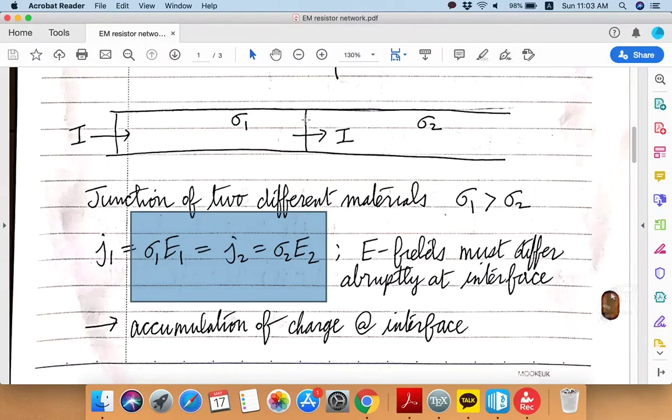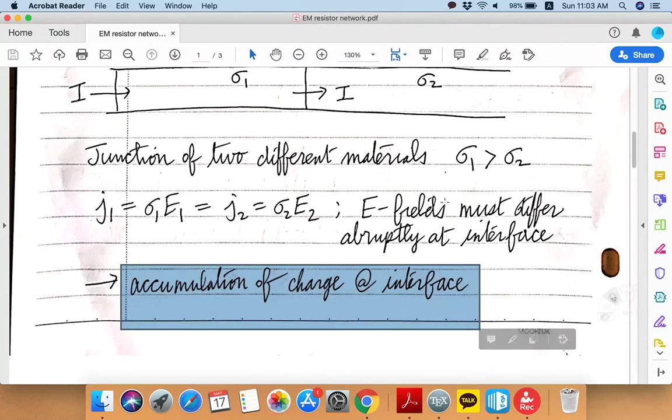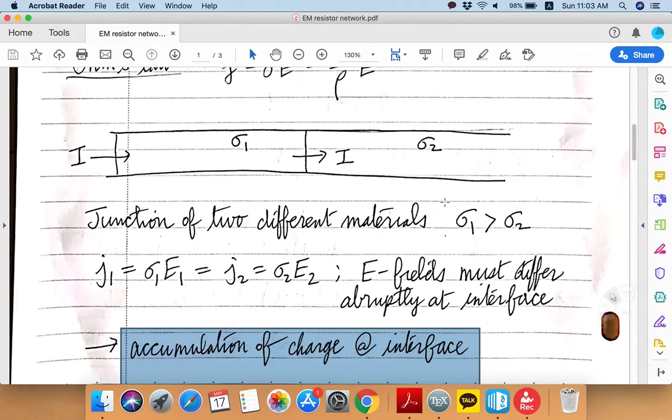Okay, and now this sudden difference in the electric field strength must imply that there will be some accumulation of charge at the interface. So remember, normally inside a conductor, you cannot have any non-zero charge density, even in the situation where there is a current flow. This is something that we proved a couple of weeks back, but hopefully you remember there was a catch in that proof.